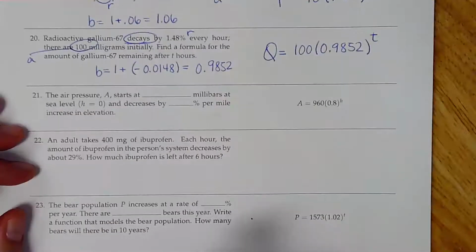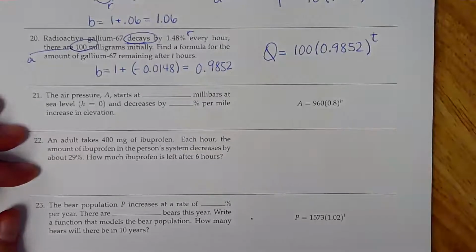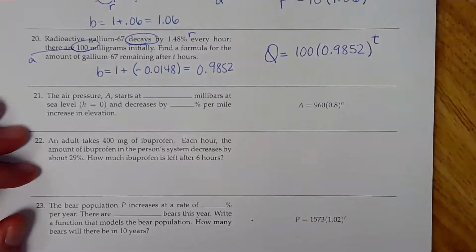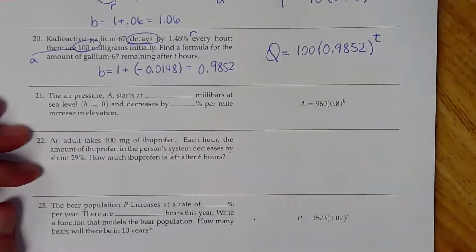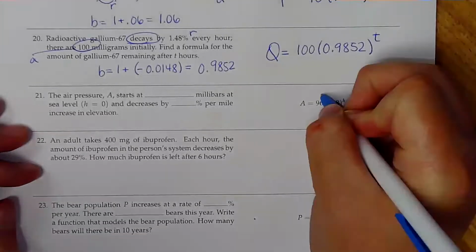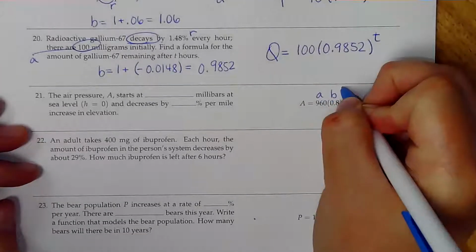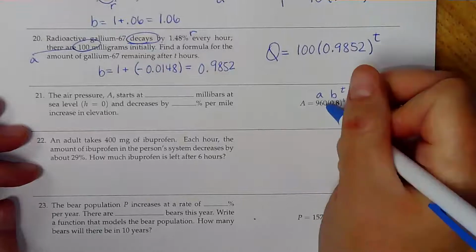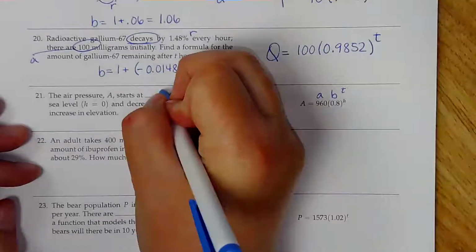Number 21, the air pressure A starts at blank millibars at sea level, so that's when H is equal to 0, and decreases by blank percent per mile increase in elevation. All right, so we're given the formula here. So we have A, B to the T. So now my starting amount is 960.